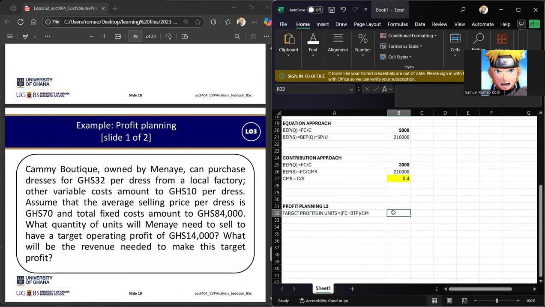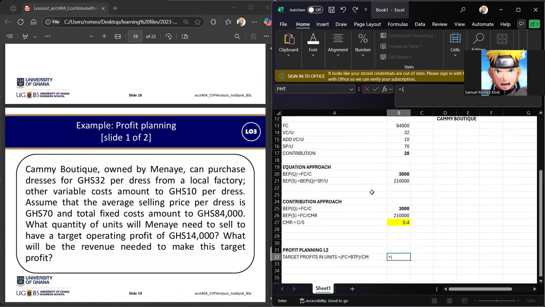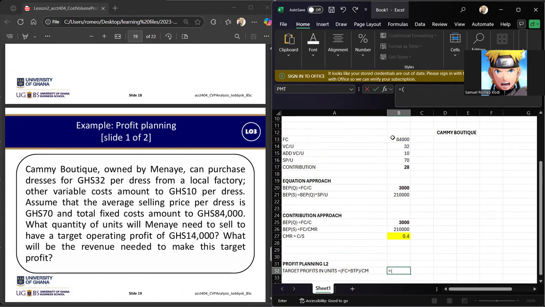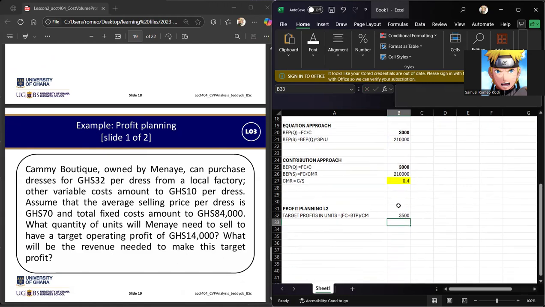Here we take our fixed cost, 84,000, then add our target profit given in the question, that's 14,000. Then we divide it by our contribution, that's 28. So this is 3,500. That's the units we need to sell in order to achieve our targeted profit.